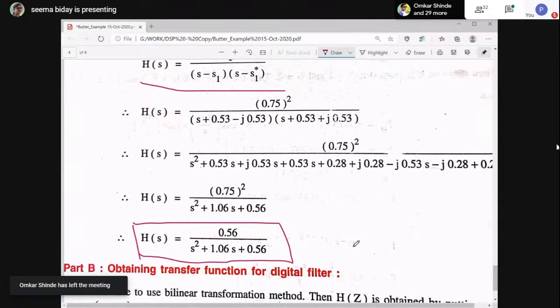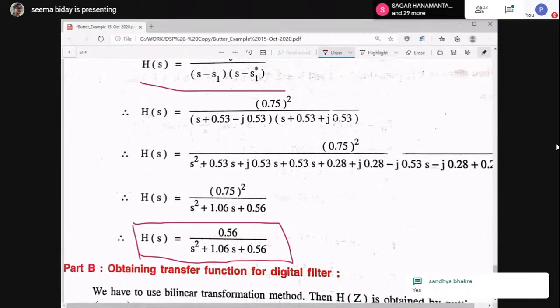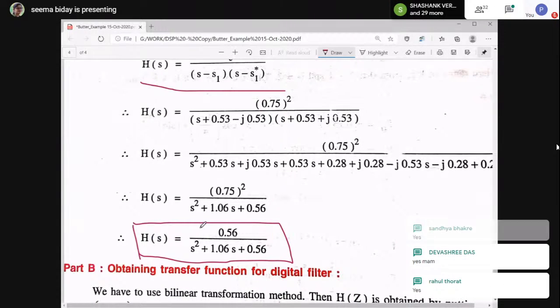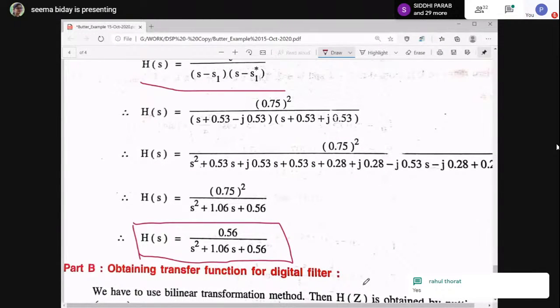Have you understood this, all the students? Rahul, is it clear? Yes, Rahul. Okay. So now you know H of s. What is the last step?